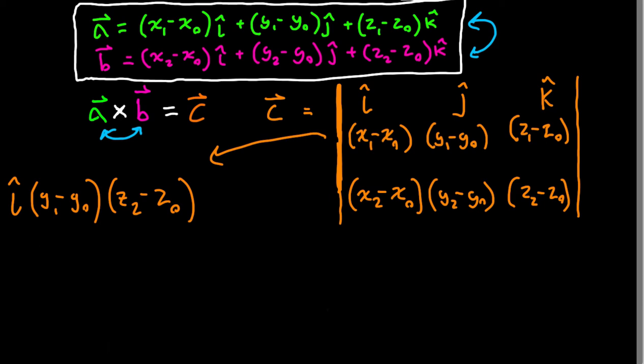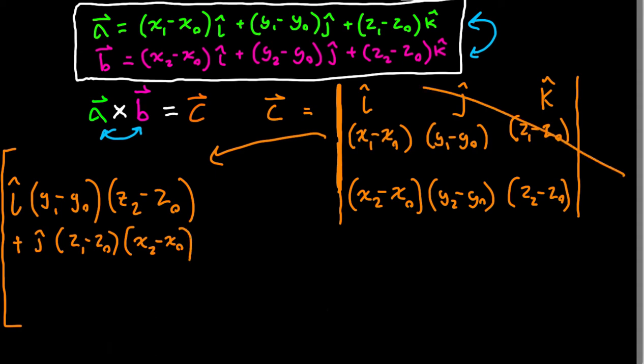Then I'm going to put this all in brackets. To that, we are adding, starting with this one, j times z1 minus z0 times x2 minus x0, because it crosses over, right?